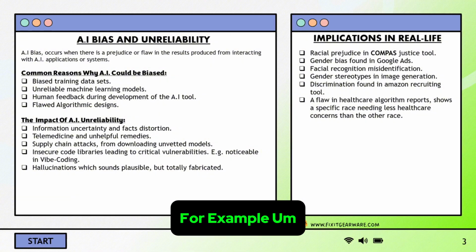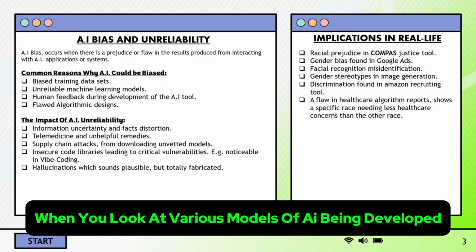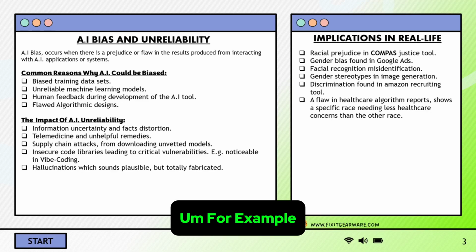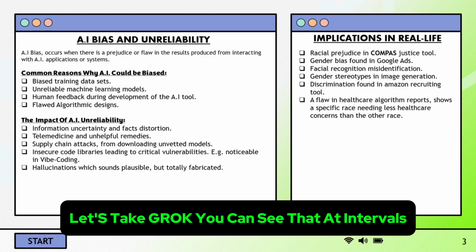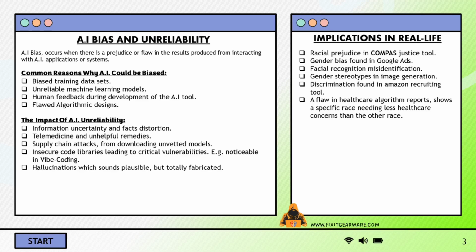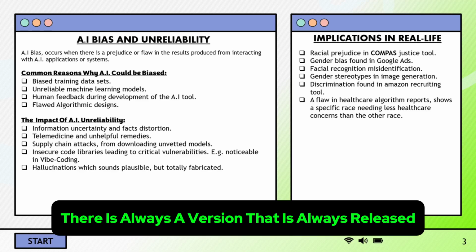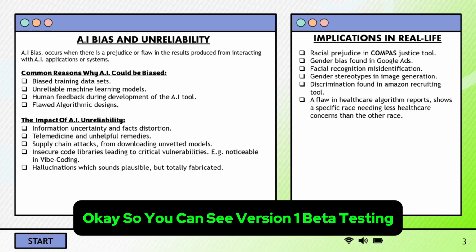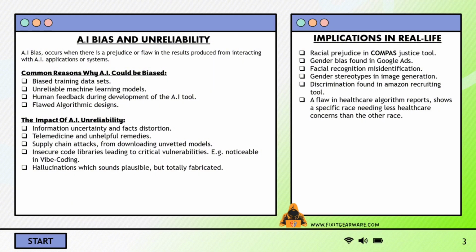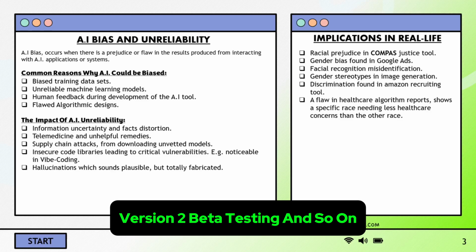For example, when you look at various models of AI being developed, let's take Grok. You can see that at intervals, there is always a version that is released. You can see version 1, beta testing, version 2, beta testing, and so on.